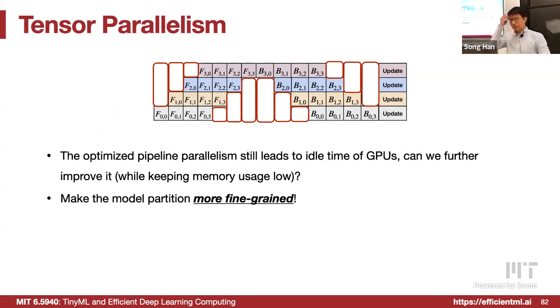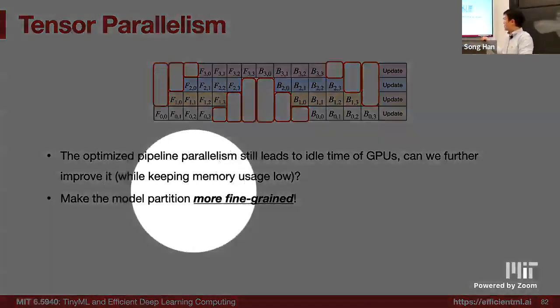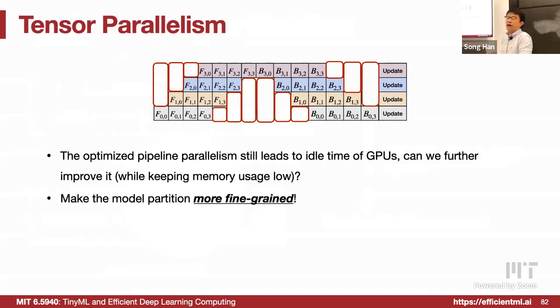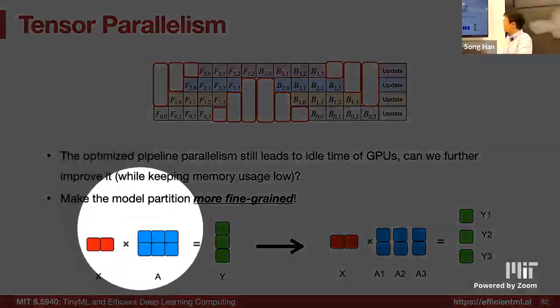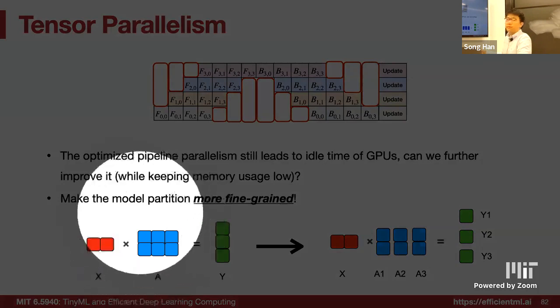Okay, to further improve the granularity, to make it more fine-grained, we further partition the model, not just by layer. Even for a single layer, we want to continue partitioning. Say a layer has a 2 by 3 matrix.